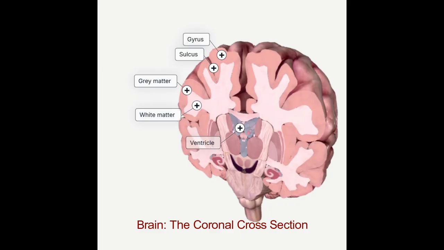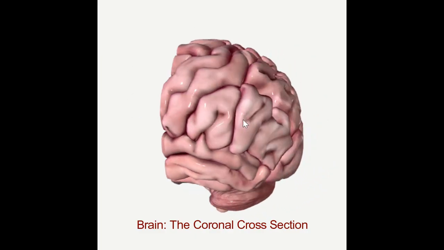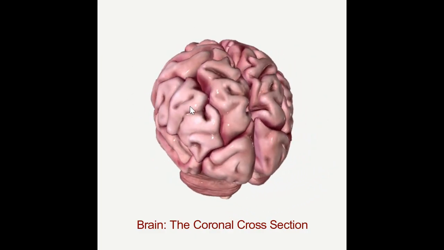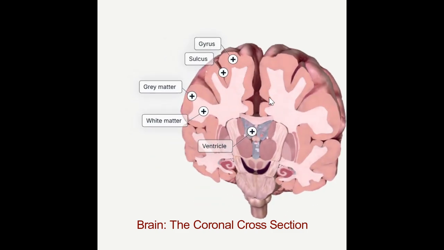The outer portion of the cortex is made of gray matter, which contains the cell bodies of neurons, and the inner portion is made of white matter. So you have your gray and your white matter.